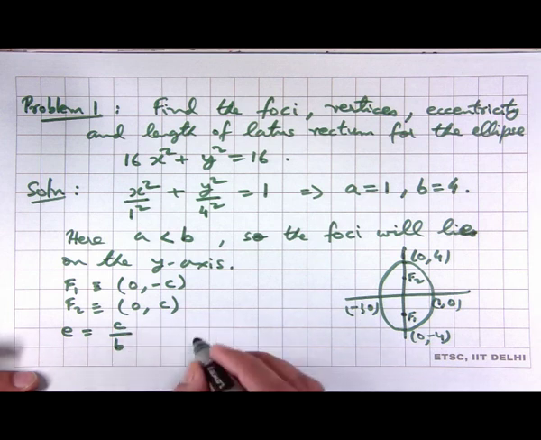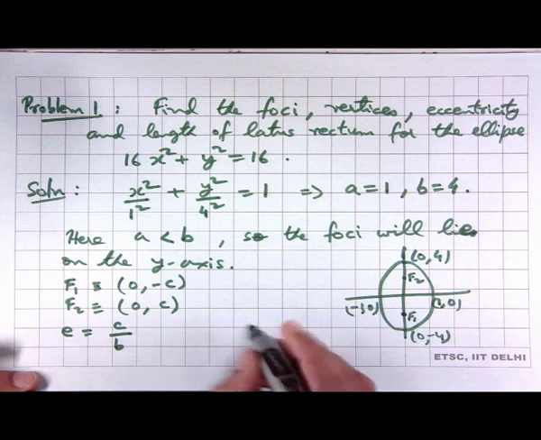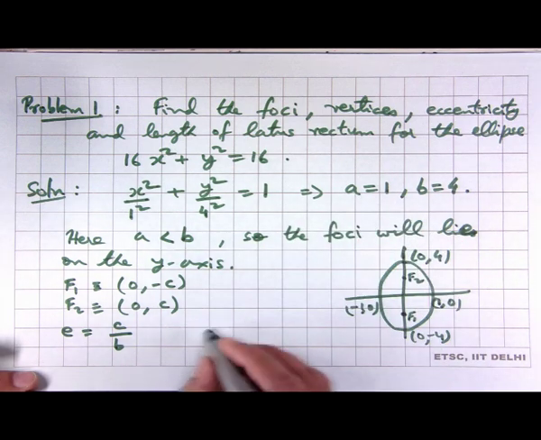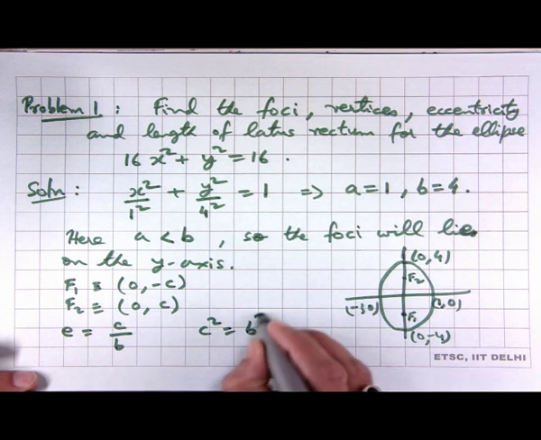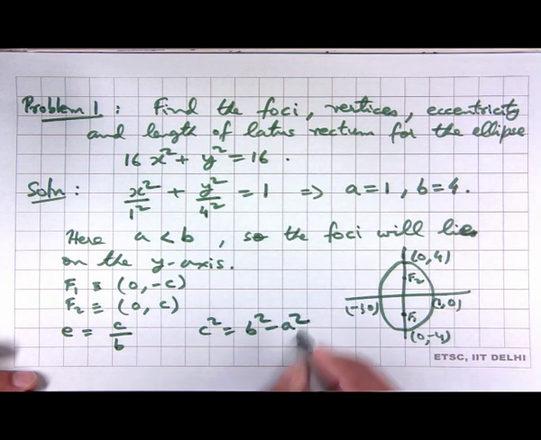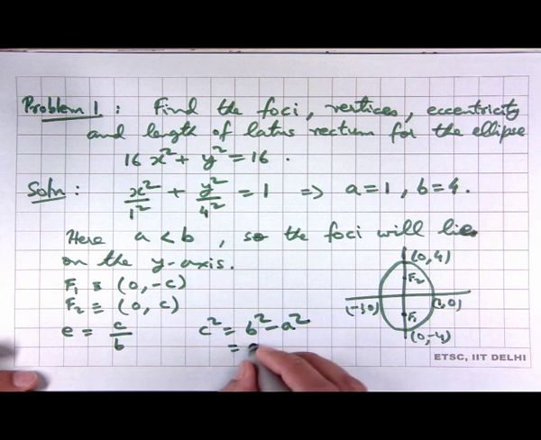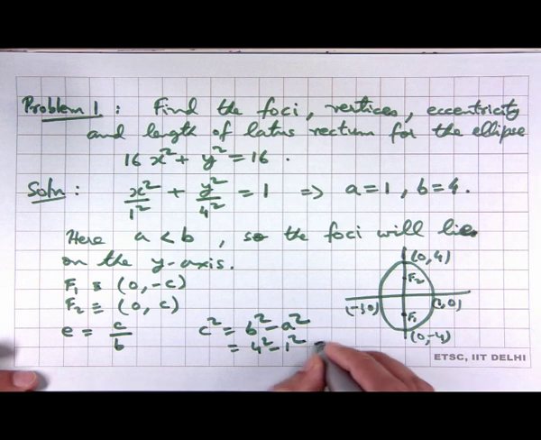And we have c² in this case will be b² - a². So, this is 4² - 1², this is 15.